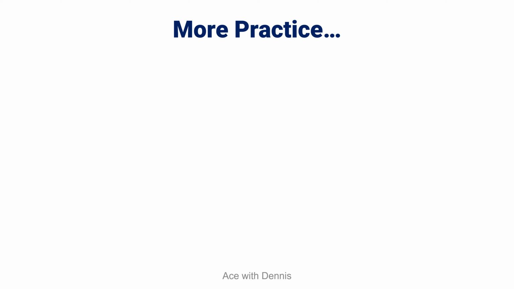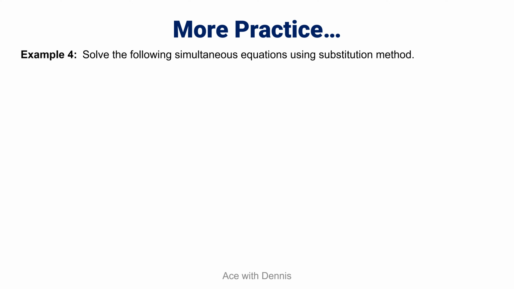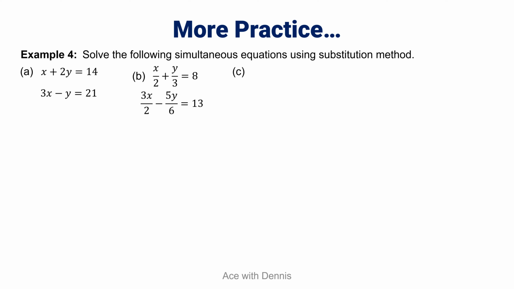Now, let's have more practice so that you are exposed to more different types of questions and different types of equations. Okay, example 4. Solve the following simultaneous equations using substitution method. A. x plus 2y equals 14, 3x minus y equals 21. B. x over 2 plus y over 3 equals 8, 3x over 2 minus 5y over 6 equals 13.